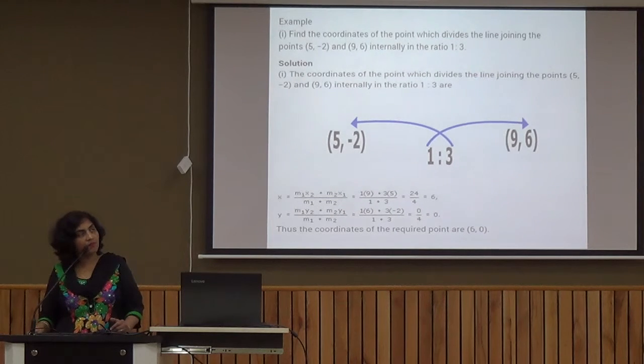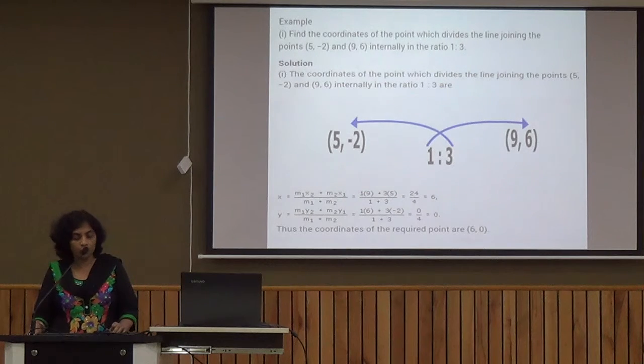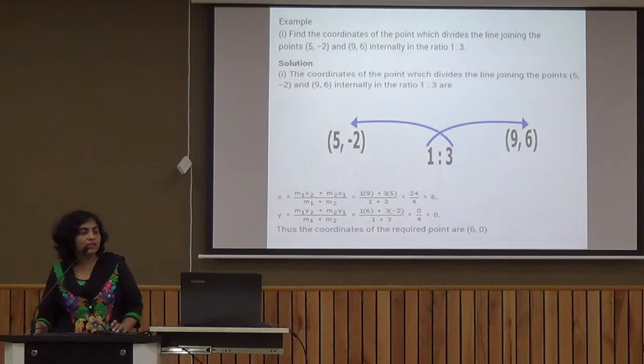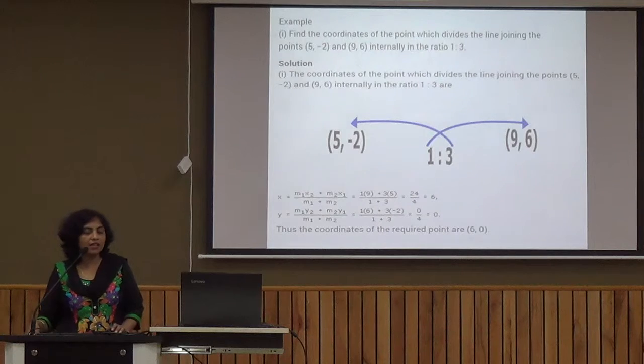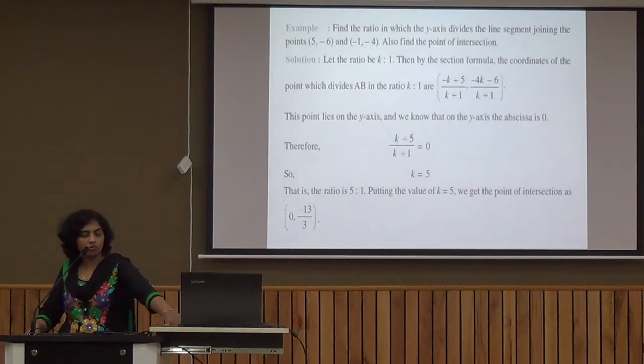So x is m1 x2 plus m2 x1 upon m1 plus m2, which gives us 24 upon 4 is equal to 6, and y is m1 y2 plus m2 y1 upon m1 plus m2, that gives us 0 upon 4 or 0. So hence the coordinates of the required point are 6, 0 dividing the line segment joining the given points in the ratio 1 is to 3.